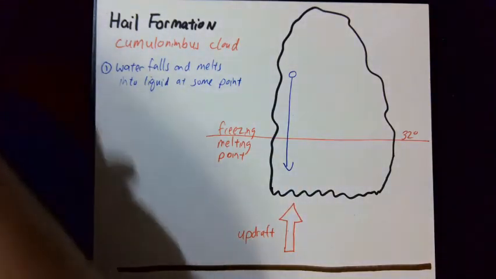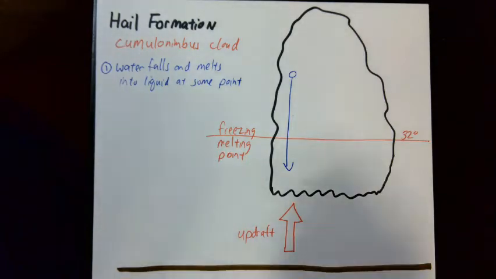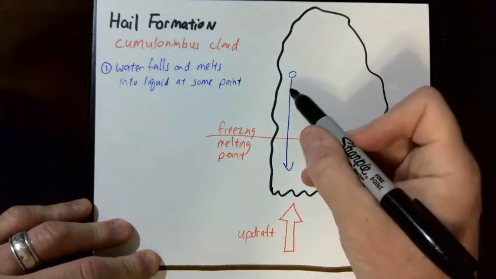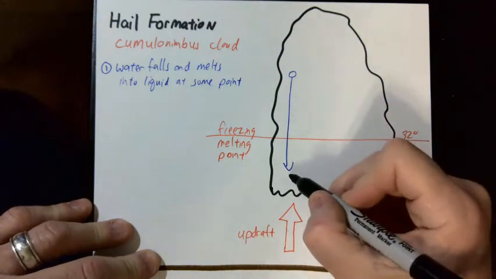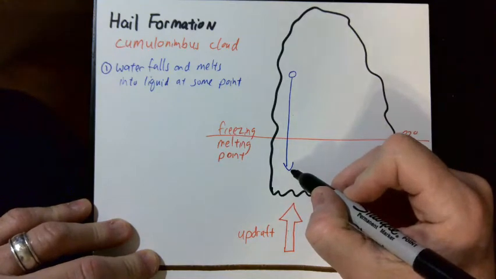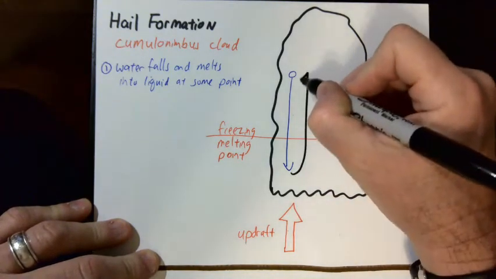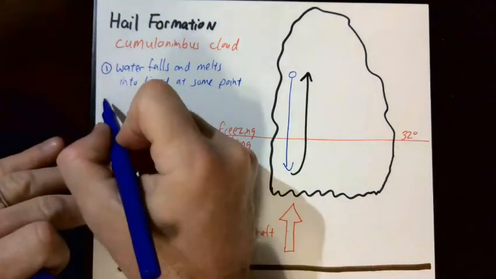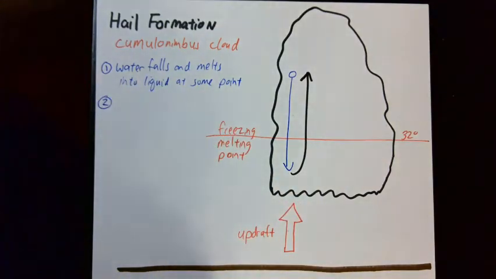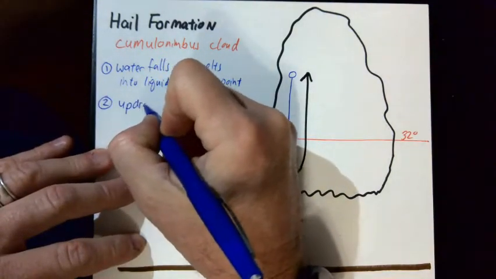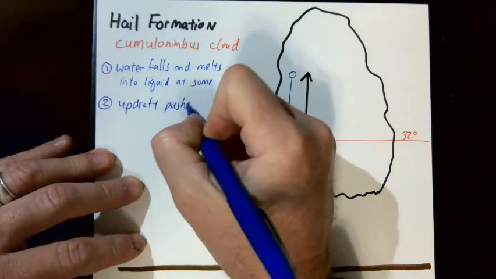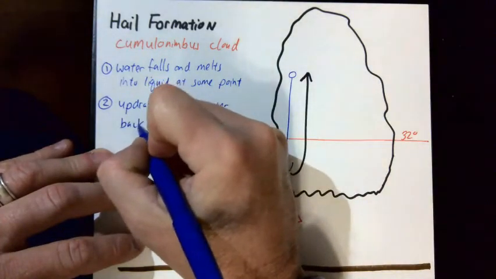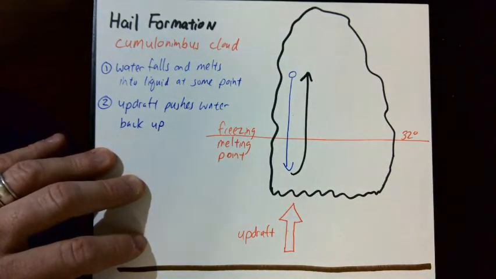But because of the nature of this cloud, it's a cumulonimbus cloud, it's still sucking in air. And the air is pushing up, so my little piece of water that has fallen now gets pushed back up. So the second thing that's got to happen is that my updraft pushes my water, think of it as my raindrop, back up.